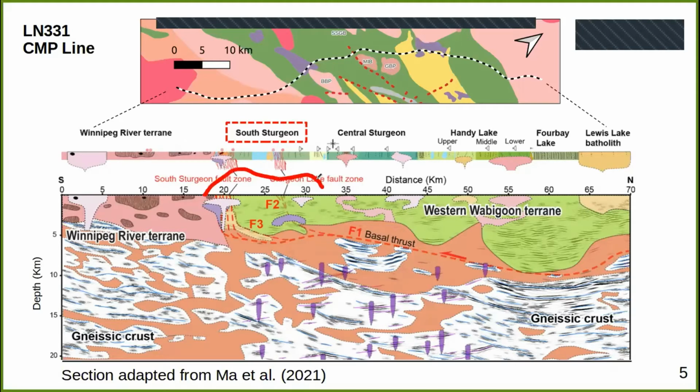So I'm limiting the discussion to this spot here in the middle, and the upper crust of that, everything above 10 kilometers. And you can see that it contains some regional faulting, the South Sturgeon fault zone and the Sturgeon Lake fault zone, which dip approximately to the northeast. And in the broader scope, you have the Winnipeg River terrain underwriting the Western Wabigoon terrain.